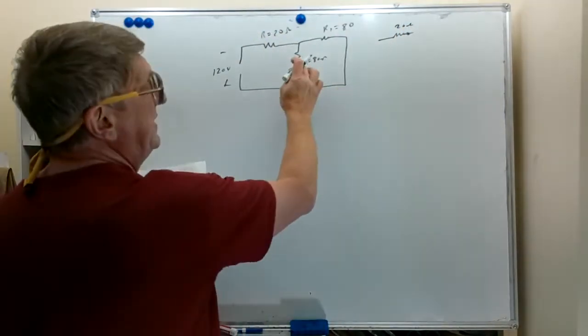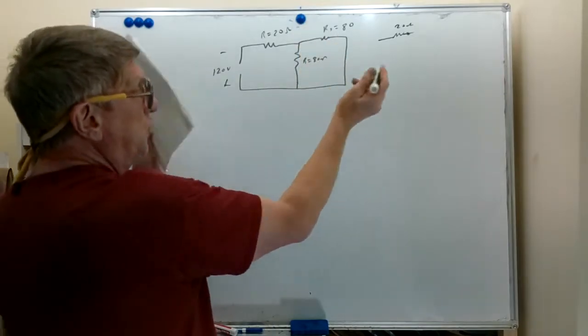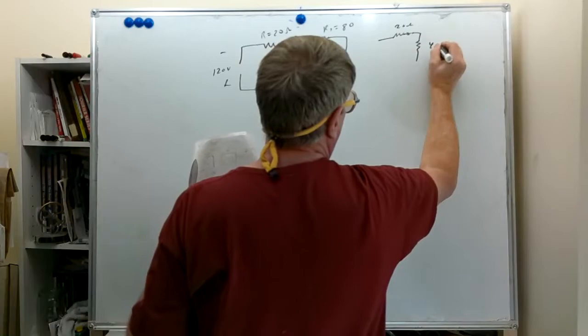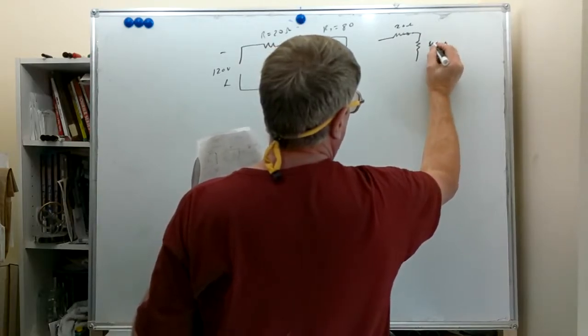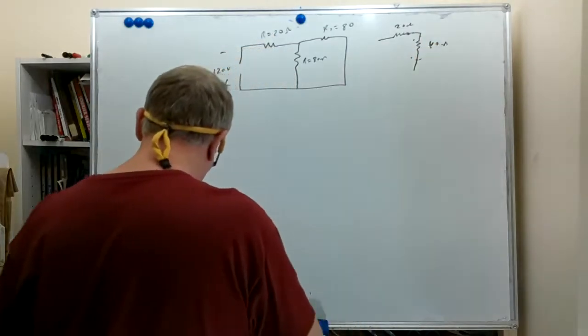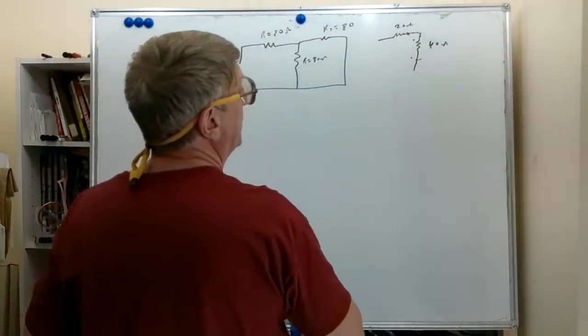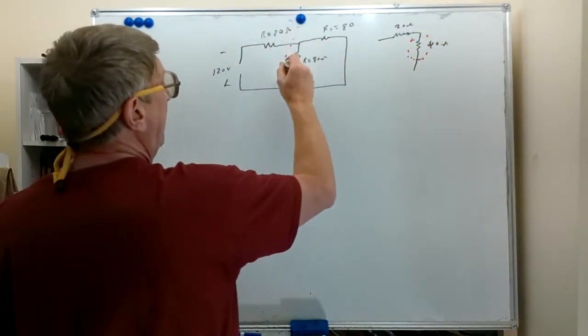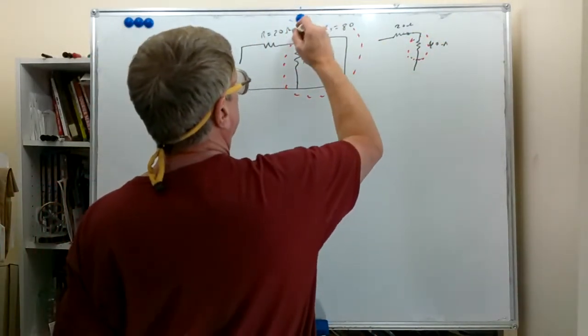And here we got two 80s in parallel, which we can replace with a single 40. This 40 ohm resistor is the equivalent value of this piece right here.